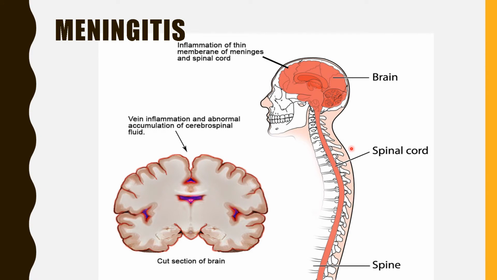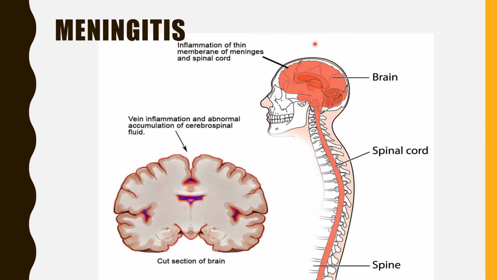Now comes meningitis, the inflammation of the meninges. It is accompanied with headache, where there is inflammation of the thin membrane of the meninges. You can see the meninges here, and there is also a cut section of the brain where there is inflammation. I don't know if you can appreciate the inflammation, but there is vein inflammation and accumulation of cerebrospinal fluid.